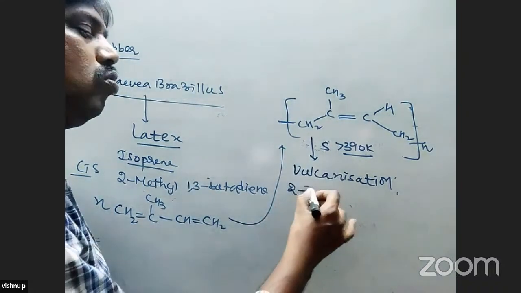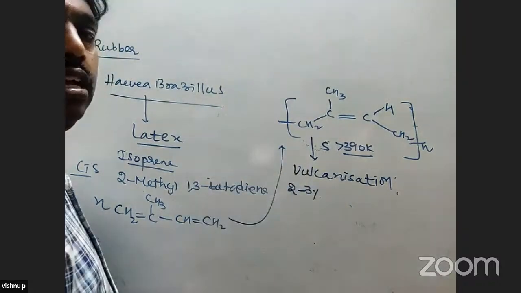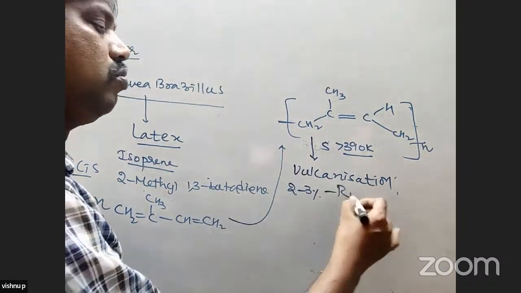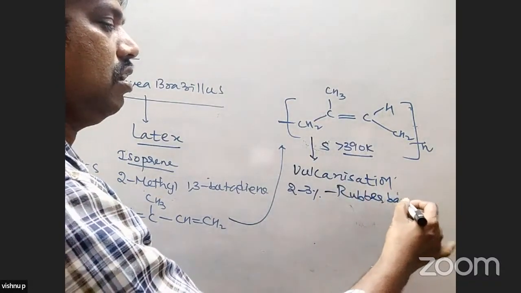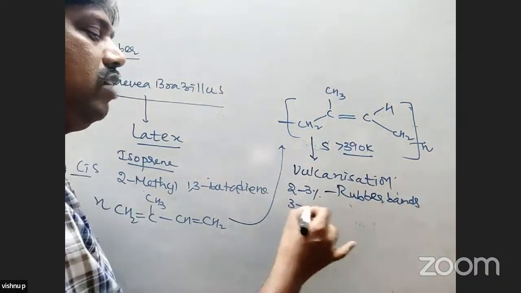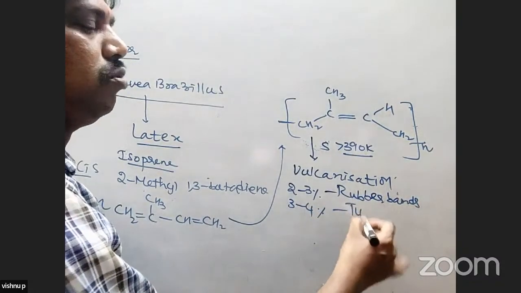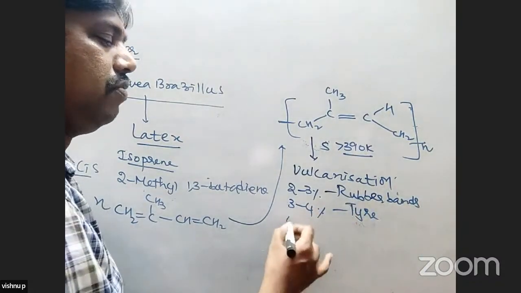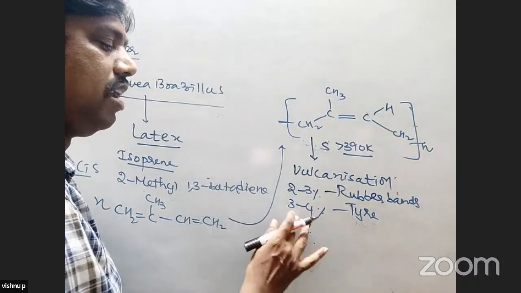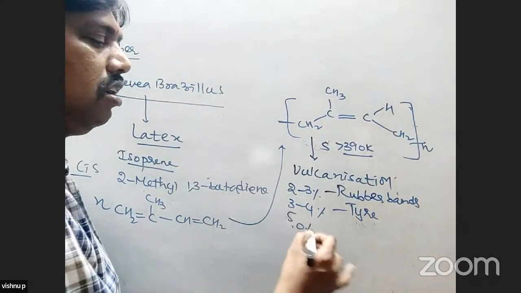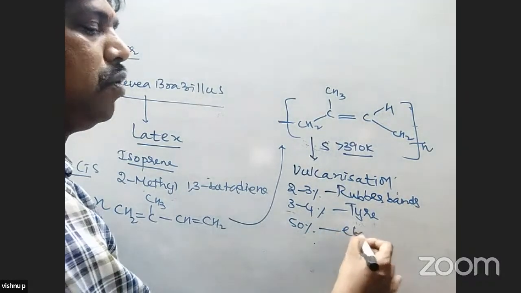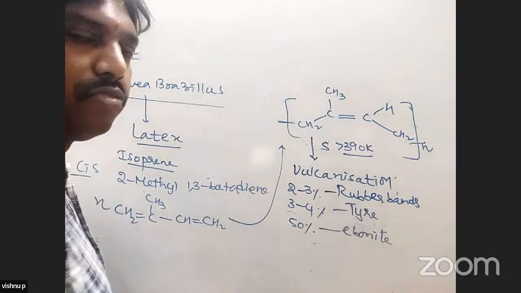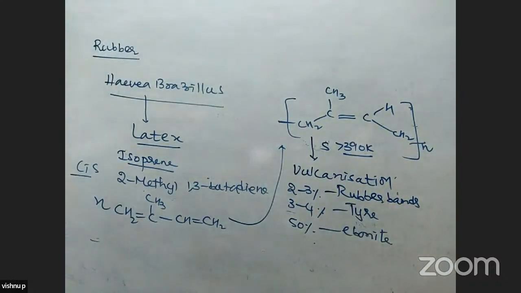If we add 2 to 3% of sulfur, it is used in rubber bands, and 3 to 4% is used in the tire industry. If you add 50% sulfur to this rubber, a hard rod-like substance is formed, called ebonite rod.